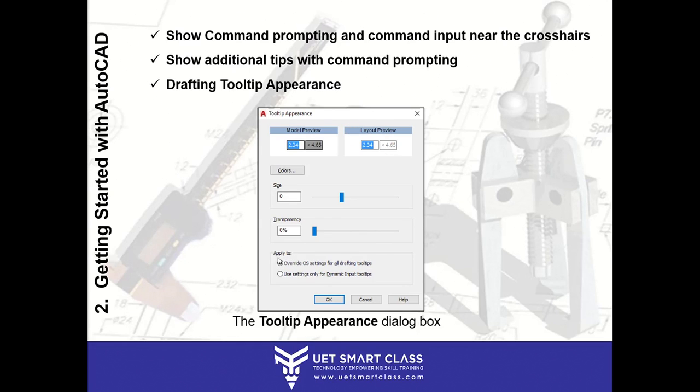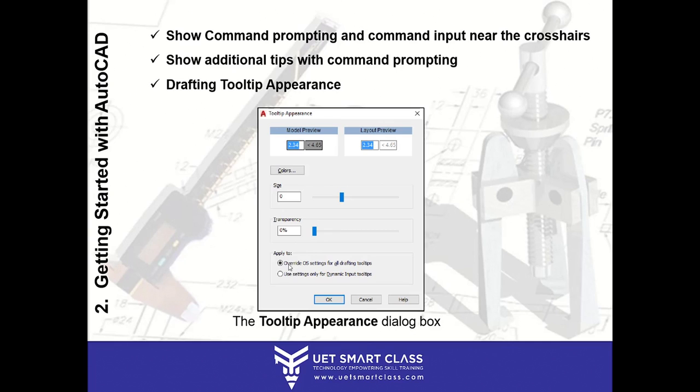There is also one more section, applied to. Now, in this, two things are there. If you select use settings only for dynamic input tooltips, basically the tips which it is showing, then the changes which you make in size and transparency or colors will be applied only to the dynamic input tooltips.